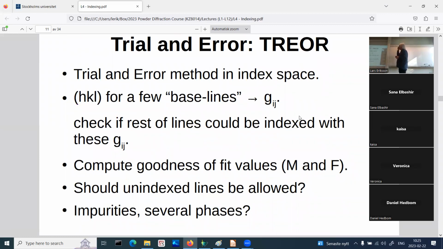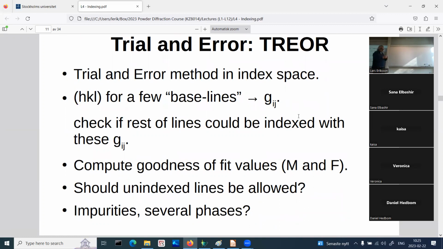One of the softwares, maybe the software that I'm most experienced in, is the Treor software. It's a trial and error method in index space, meaning that we try some HKL.